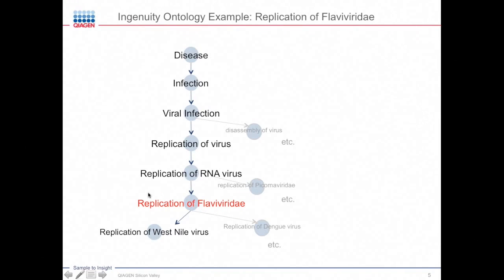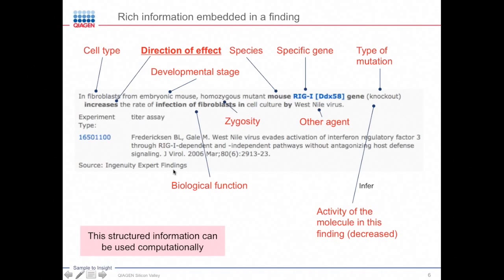Things can have multiple inheritance, so the replication of flaviviridae could be classified under some other parent thing as well. But in this case, you can see where it sits, and then underneath that is the replication of West Nile virus. So when the knowledge curators go to the literature and read a West Nile virus paper, they understand how to connect it into the ontology.